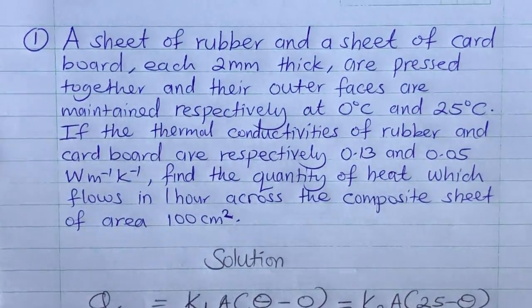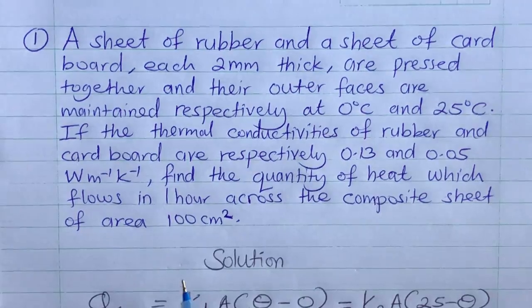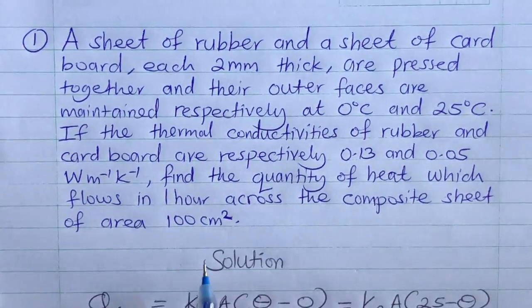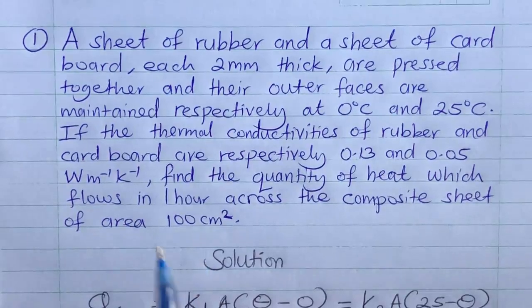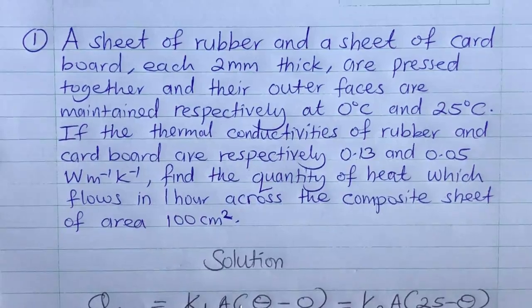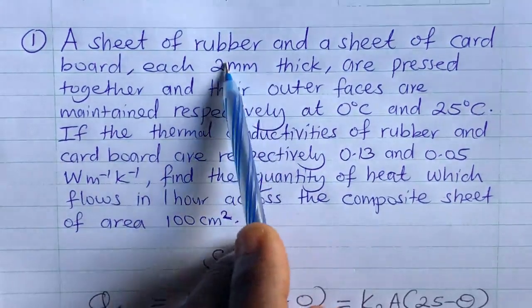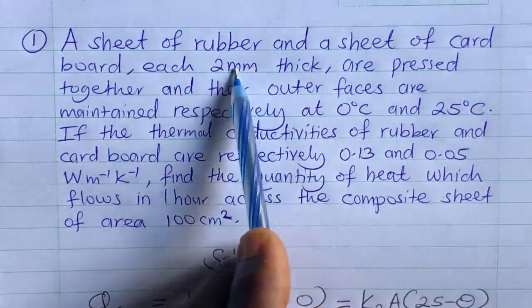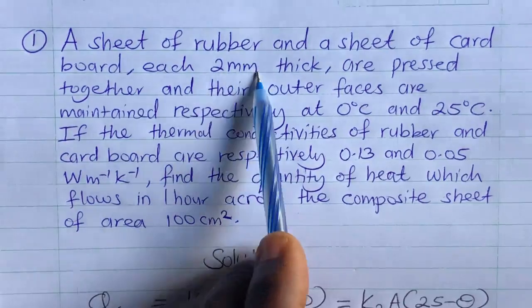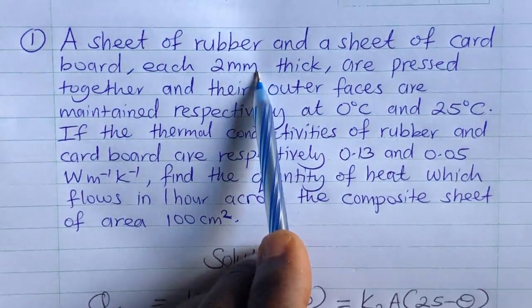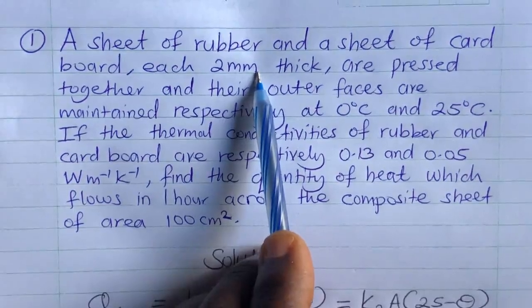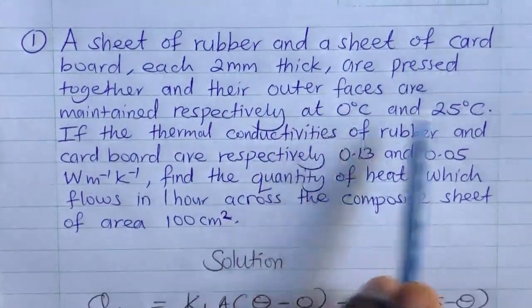So, when you want to carry out this calculation, first of all, summarize the information, converting the quantities to their SI units. For instance, we are given the thickness, that is L, in millimeters. We shall convert this to meters. We are given the temperatures.